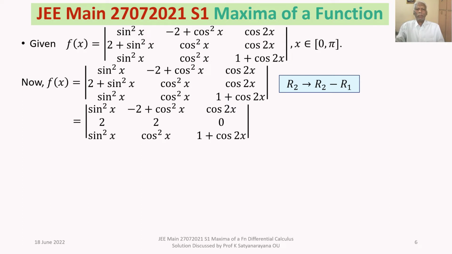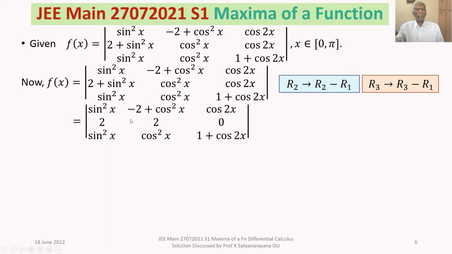We will again perform another elementary row operation. From the entries of R3, subtract the corresponding entries of R1 and write down in the place of R3, that is R3 is R3 minus R1. So sin square x minus sin square x, you will get 0.